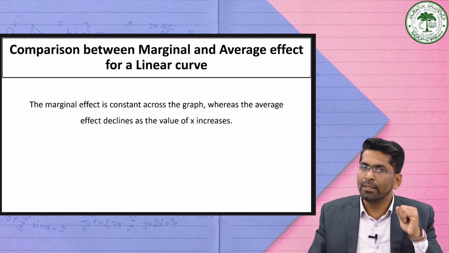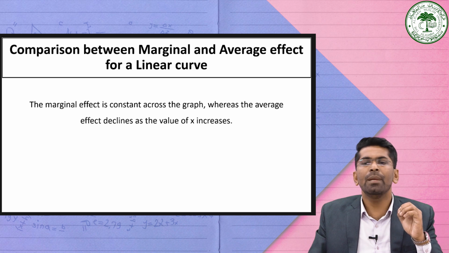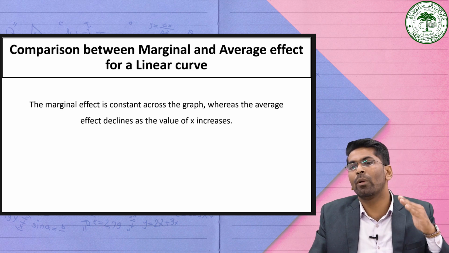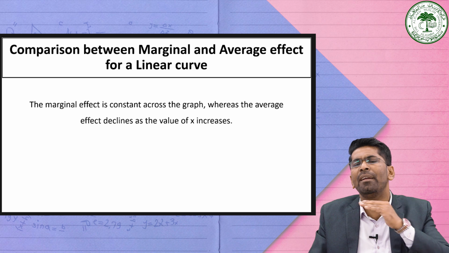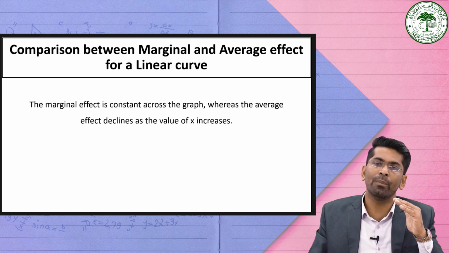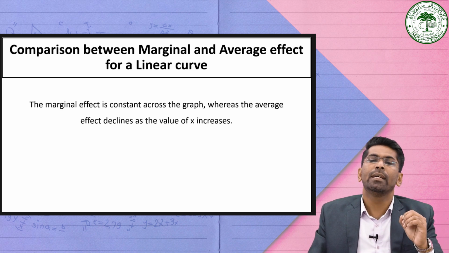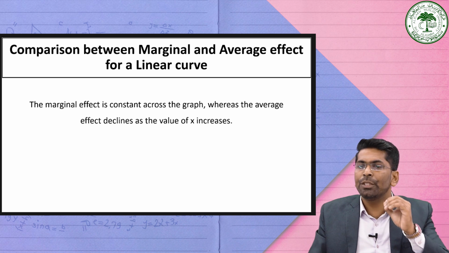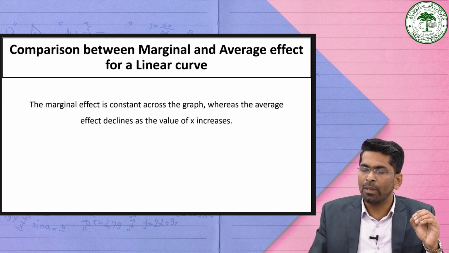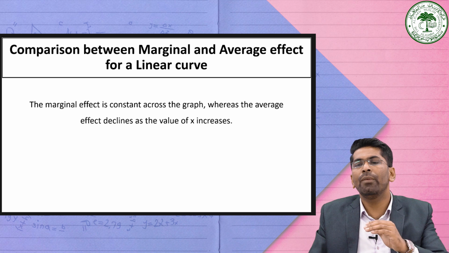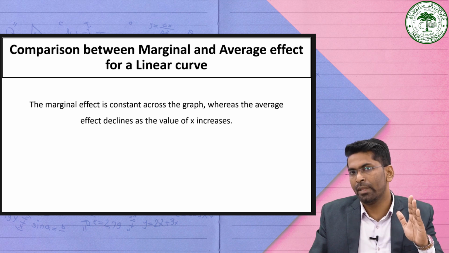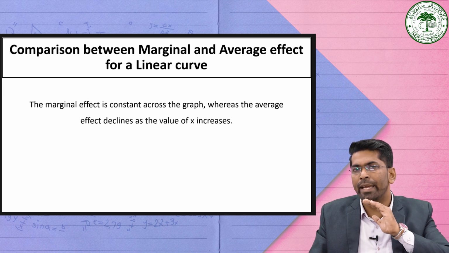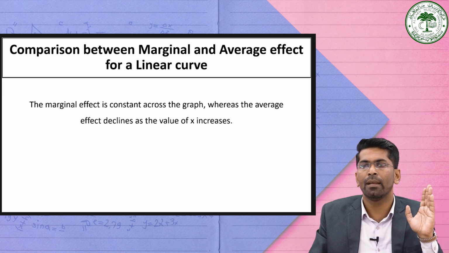Because the relationship is linear, the marginal effect remains constant across the entire range of the independent variable. This means that for every additional unit of independent variable, the change in the dependent variable is the same. That means marginal effect is the same across the graph.